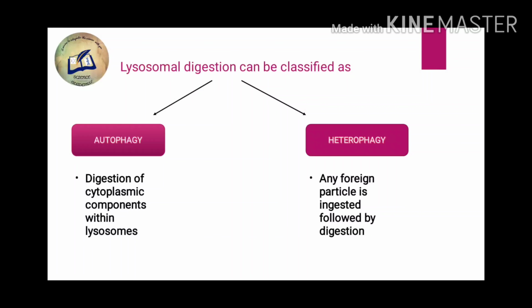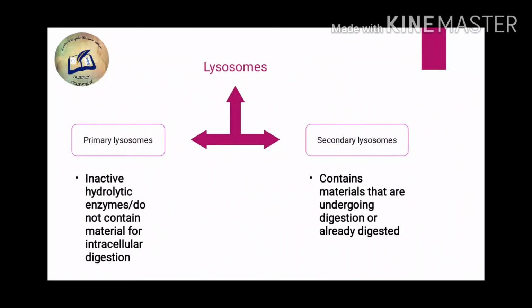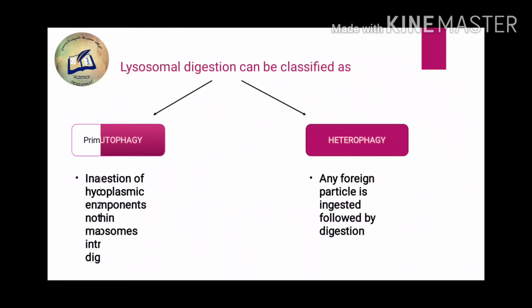This type of digestion leads to heterophagous lysosomes. So you understood, according to digestion they are differentiated into autophagy and heterophagy, and according to their functional role they are differentiated into primary and secondary, as their functional role of enzymes.